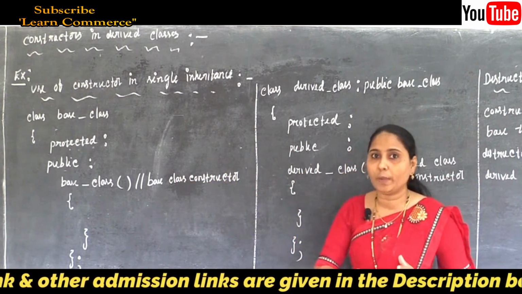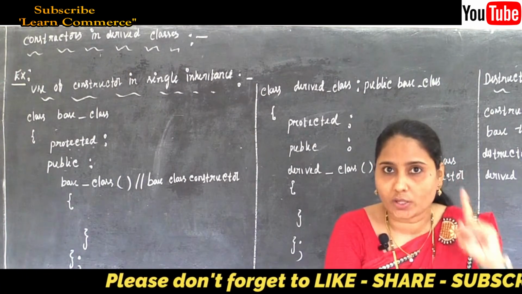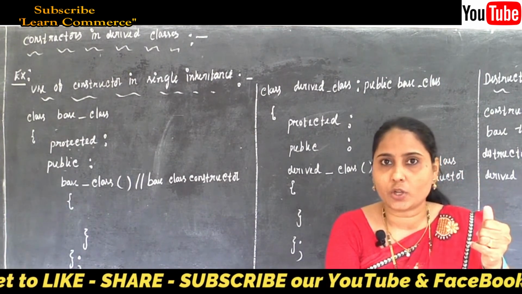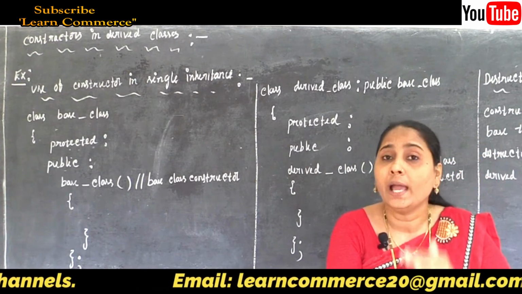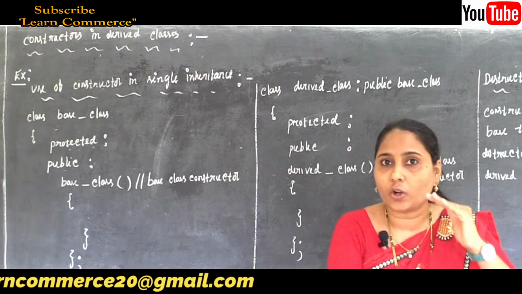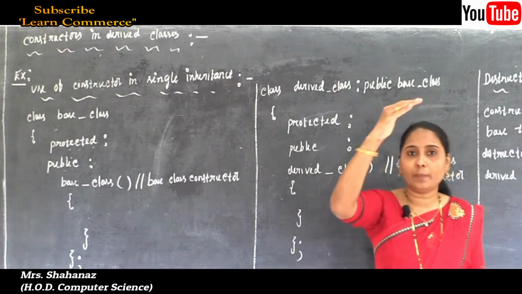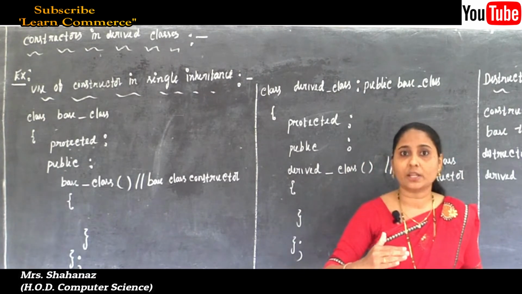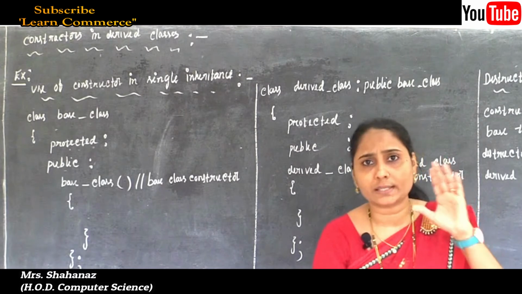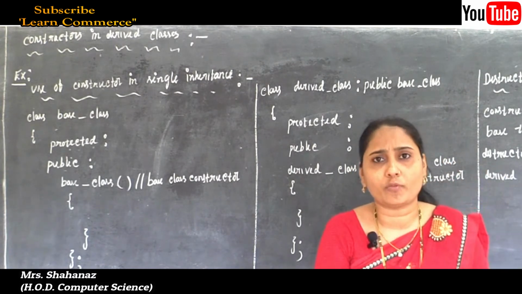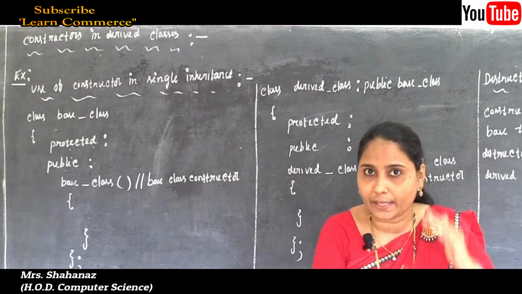Because you should remember that the inheritance concept means by using one base class we construct the derived class, or maybe by using many base classes we construct one derived class. So just two classes, or a number of classes, are constructed depending on the type of inheritance.